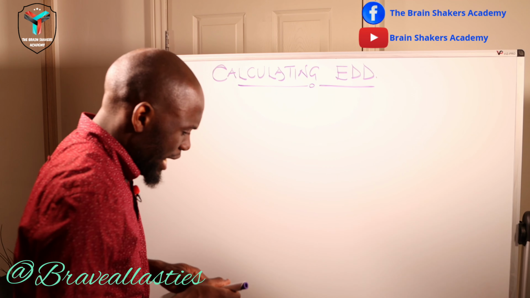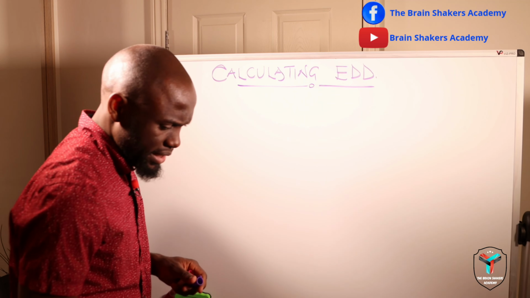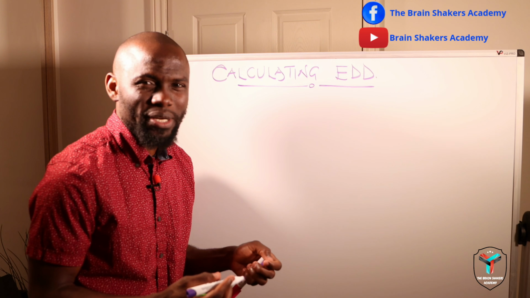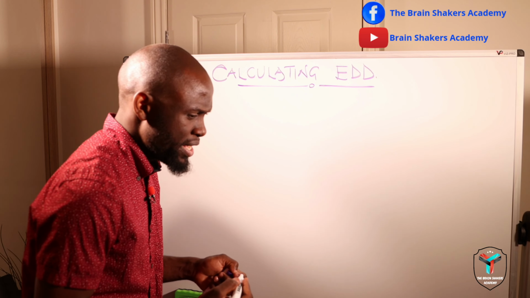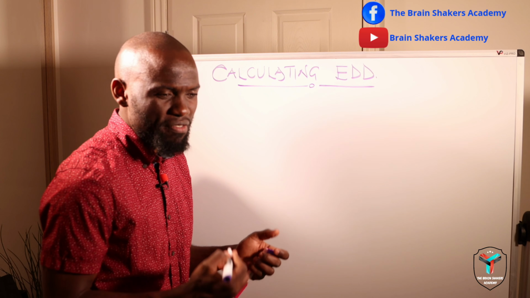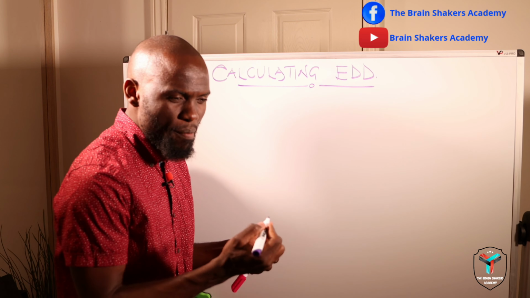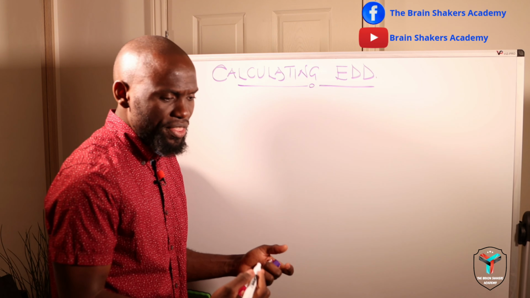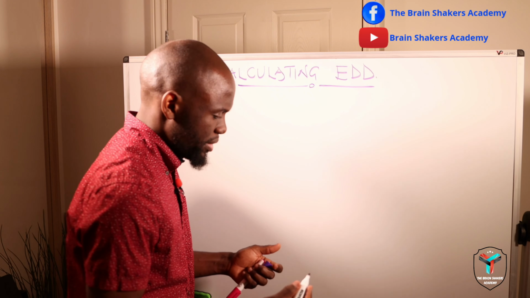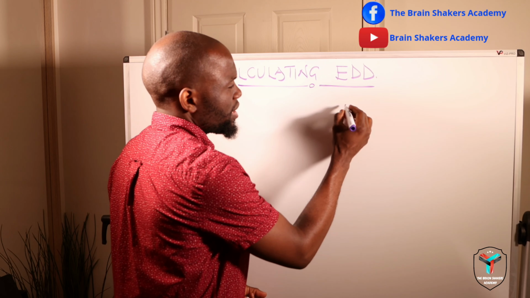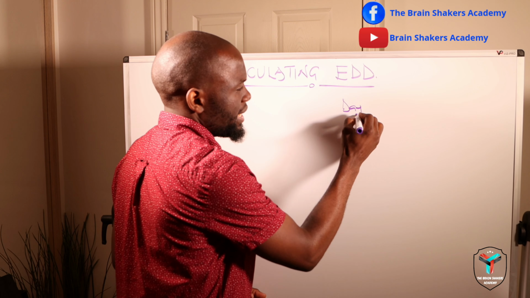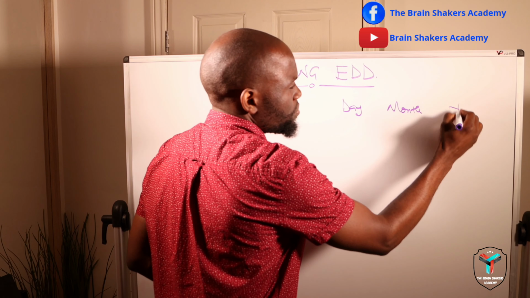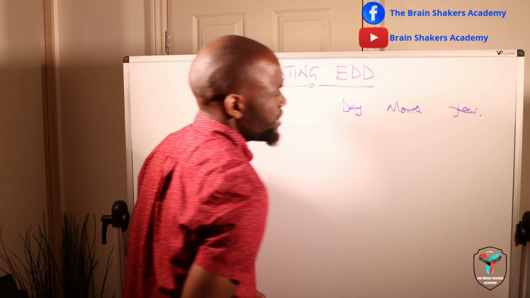So Naegele's rule is going to be applicable in two different ways, and we can use it to calculate the expected date of delivery depending on when the first day of the last normal menstrual period happened. So we're going to be looking at the month in which that period did happen. But I must be quick to mention that we are going to have a day, then the month, and then the year.